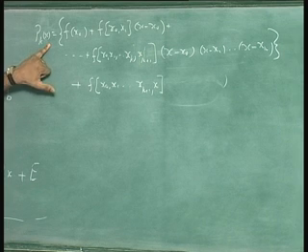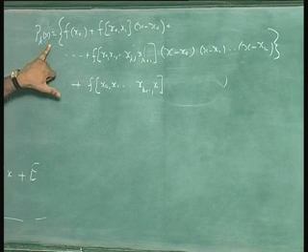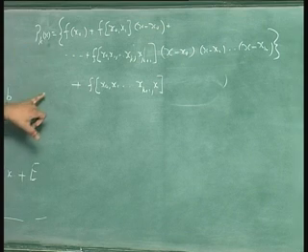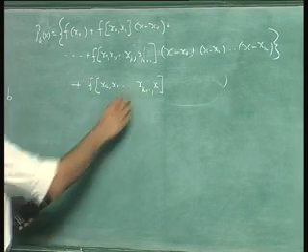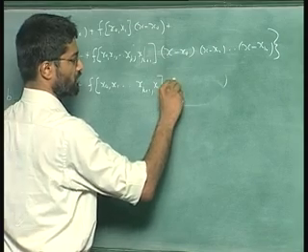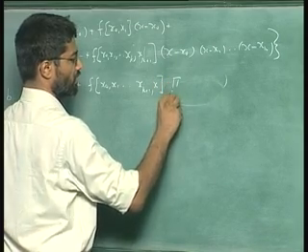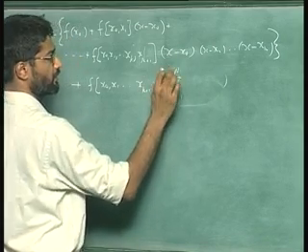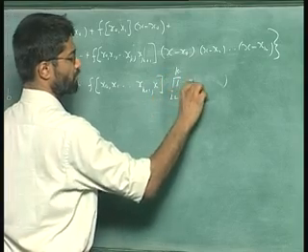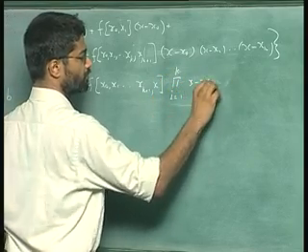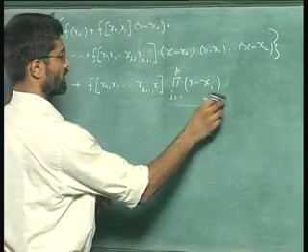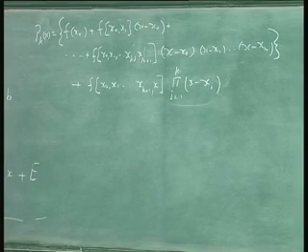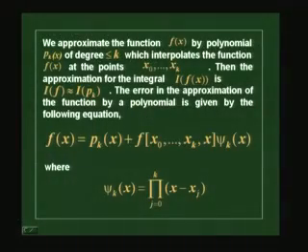That error term I can compute by saying that I construct a polynomial that passes through x, taking that as one of the tabulated values, and then writing the product of x minus x i, i going from 0 to k. That is my error term in the polynomial.